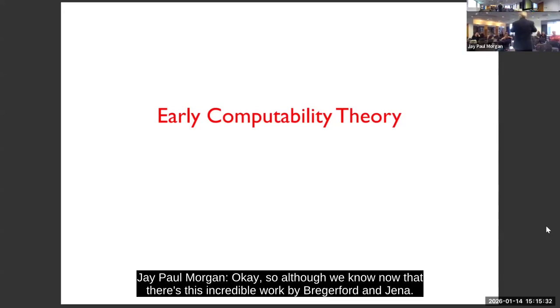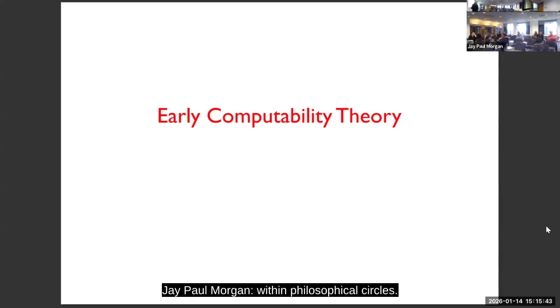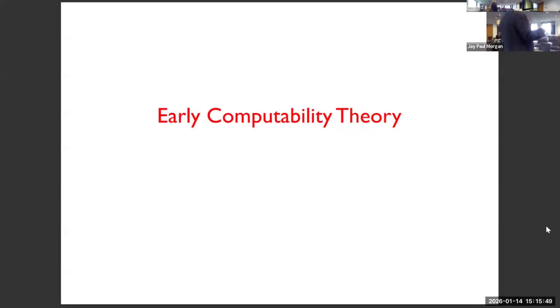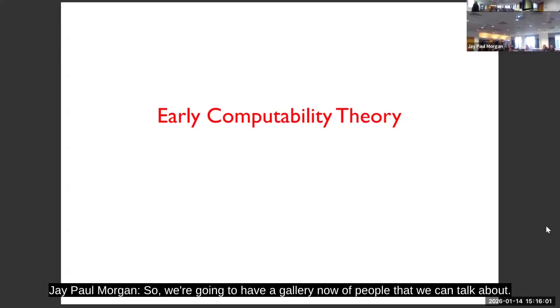Okay, so although we know now that there's this incredible work by Frege at Jena, there's also this incredible work of Russell, and it is through Russell this thing starts to take off within philosophical circles. And that starts to attract philosophically minded mathematical people. And because, of course, it is very clearly a formal system, one in which mathematicians can feel at home.